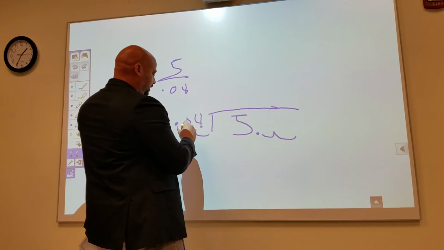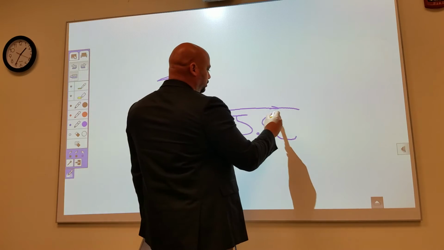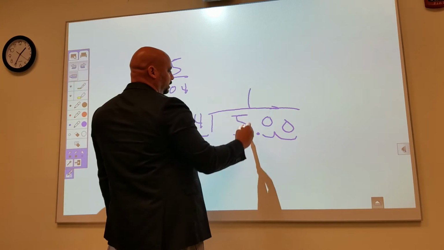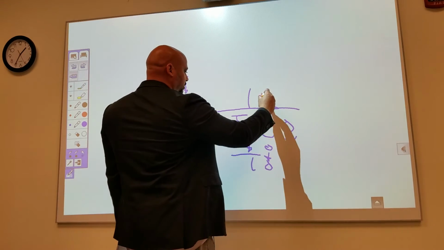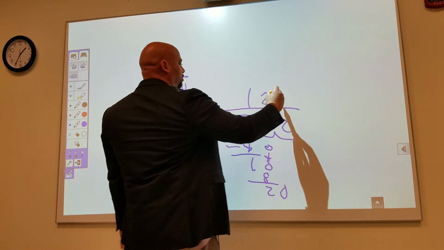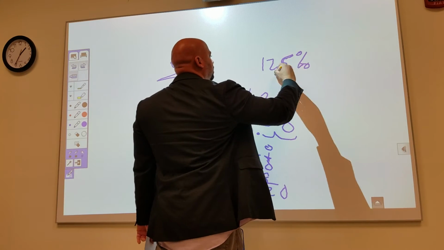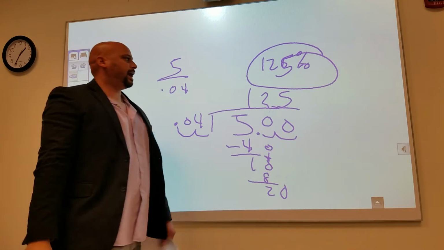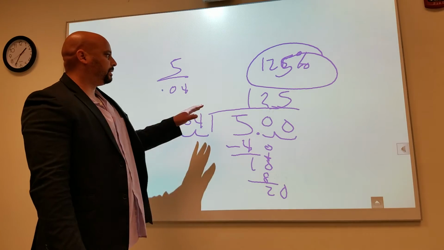So put 1, 2, and 4 times 1 is 4. Left over 1, 0. 4 times 2 is 8. 10 minus 8 is 2. And 4 times 5 is 20. So we're left with 125. 125 is the answer. So again, there's other tutorials on that. So there's a couple worksheets that I give you today. So I hope that's helpful.